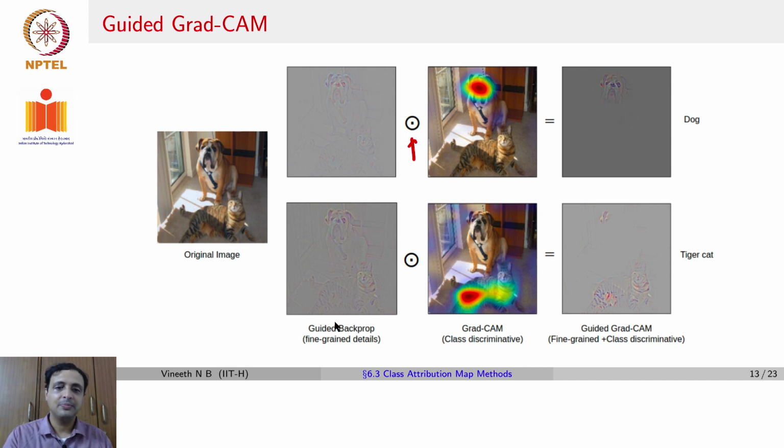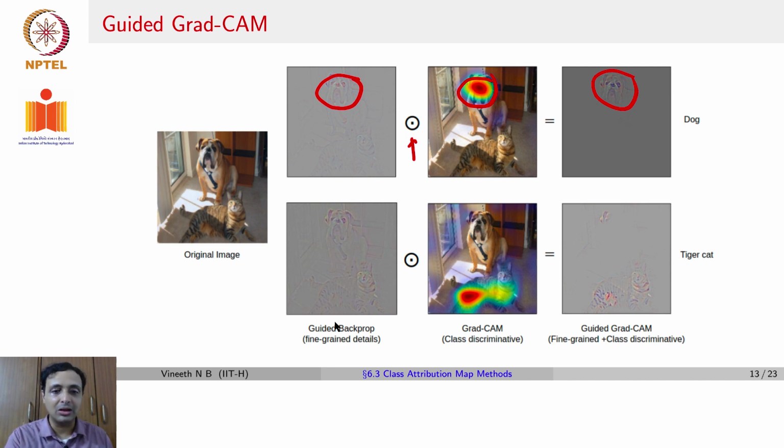And we now see that taking this particular region, which was pointed out by Grad-CAM, and combining it with guided backpropagation's output in terms of what was salient in the image, we now get a clearer estimate of what was the dog. Remember, guided backpropagation was not necessarily class discriminative.